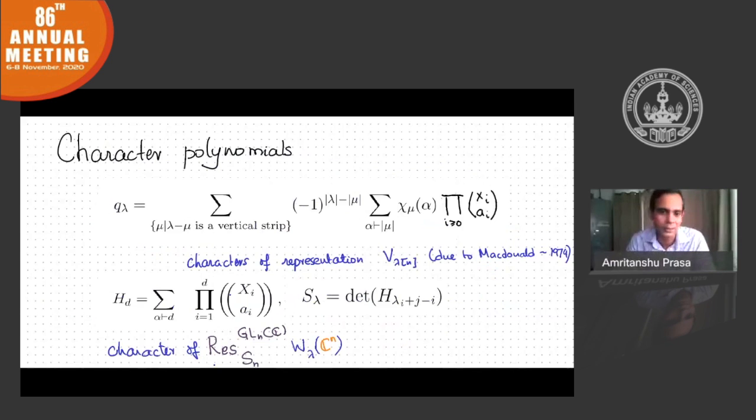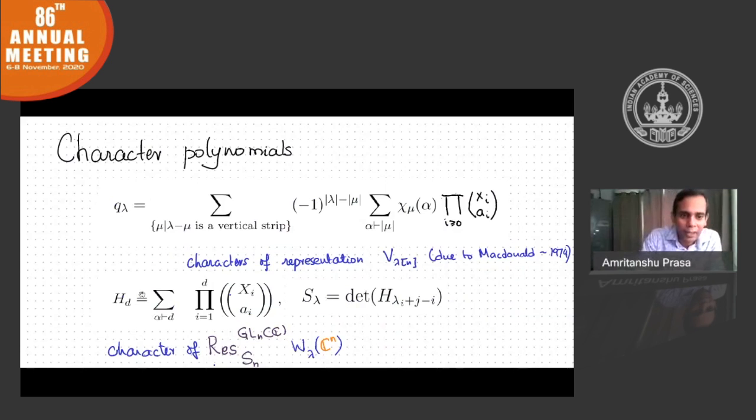It's not enough time to explain what all these terms mean. This is the Q lambda up here. And in our work, we have also derived characters for the restriction of the Weil module to the symmetric group. And it's given by this capital S lambda, which is a determinant involving some polynomials called H lambda, which are determined using this formula here, whatever it means.